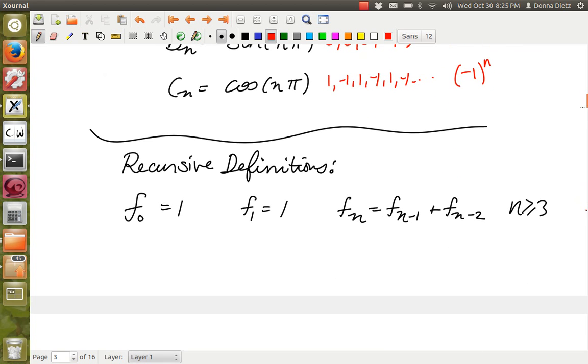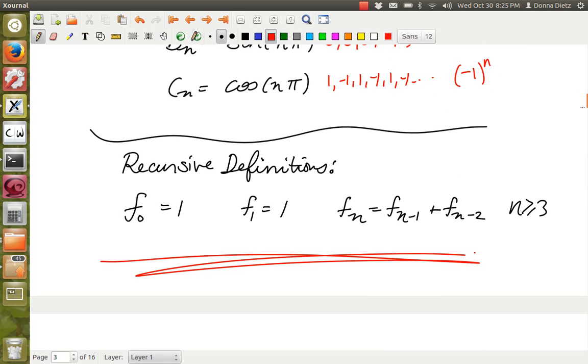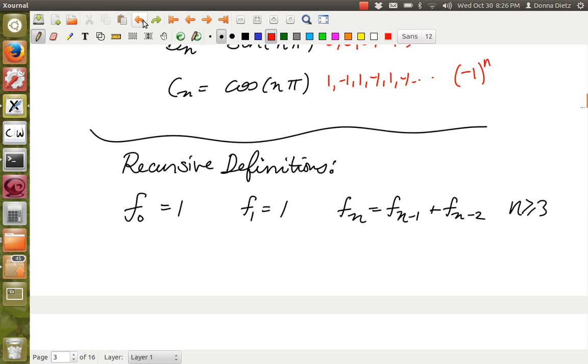And then we talked about recursive definitions, and we actually spent a really long time talking about that. The part that you need to take away is you need to know the difference between recursive versus explicit. So you have to understand that this is what a recursive formula looks like, and what this means is this is always, either way, on the left-hand side.